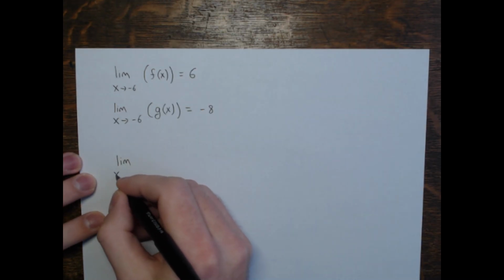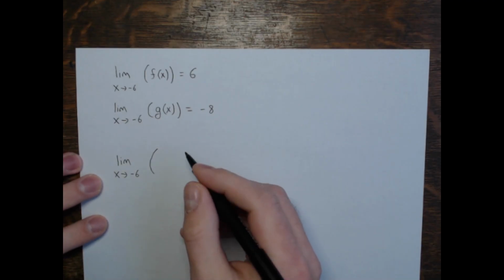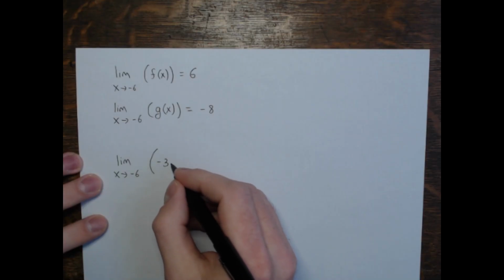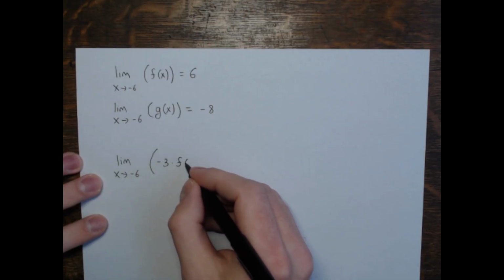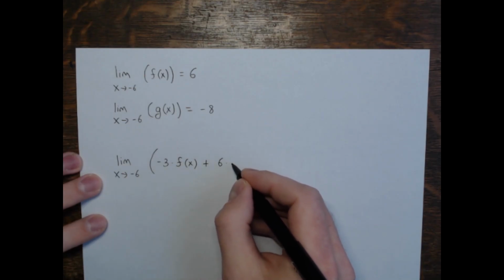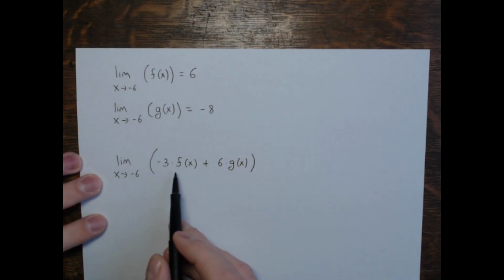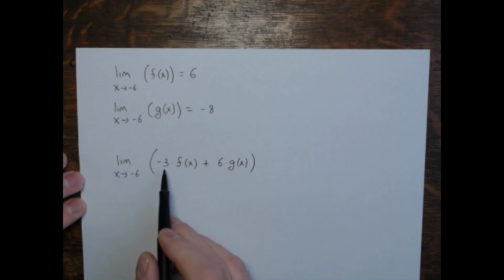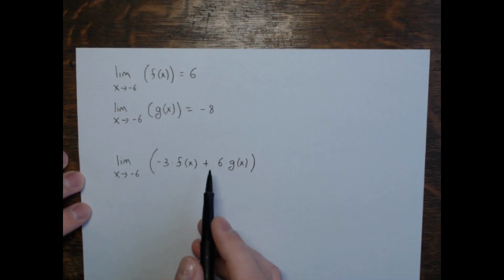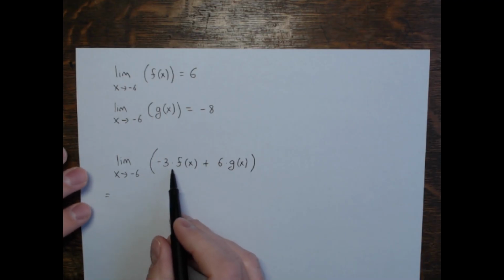So the limit as x approaches -6 of the expression they give us: -3 times f plus 6 times g. I see a sum here, and I see some constant multiples. So I can go term by term and also pull those constant multiples out.